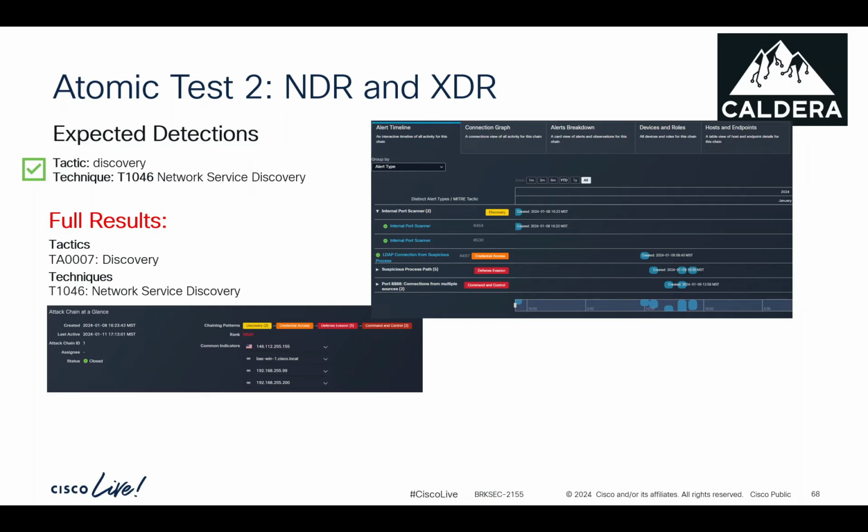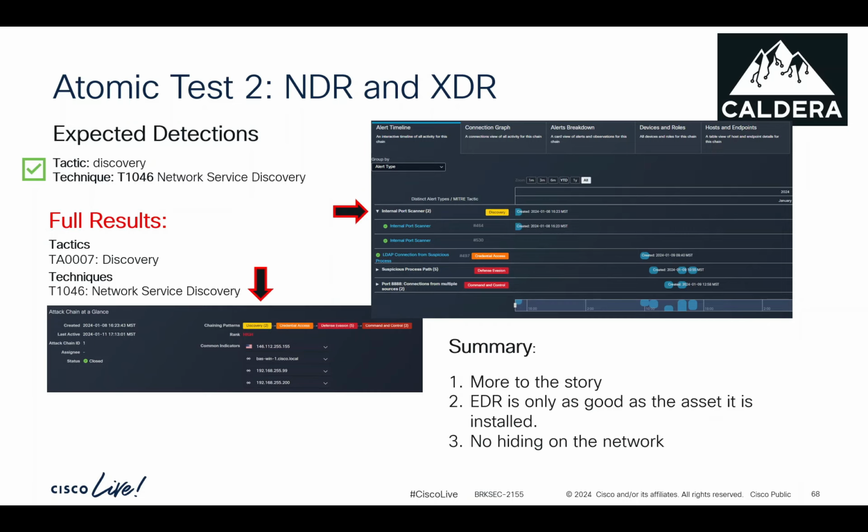We're using this asset for multiple different tests, and obviously there are some associations that take place here. There's always more to the story. EDR is only as good as the asset it is installed on, and it's never 100% effective 100% of the time. And you can't hide within the network. It's impossible. If you land on an asset, that's not where you're going to end up.